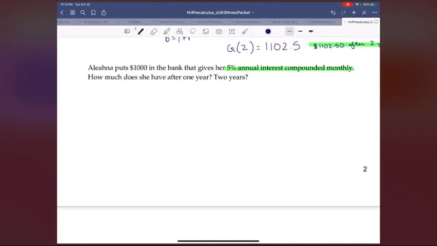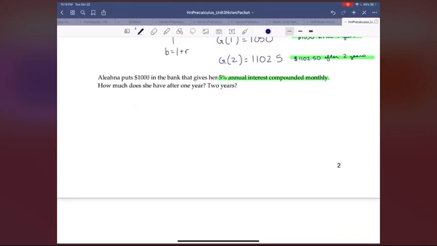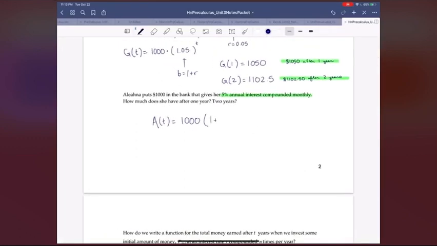So what this looks like is A of t equals 1,000 multiplied by 1 plus, and then instead of 0.05 for r, we're going to have 0.05 divided by 12 because the annual interest is divided by 12 months in a year.